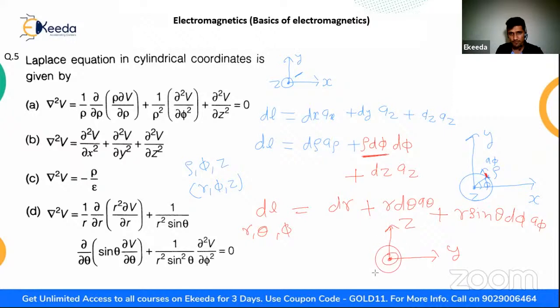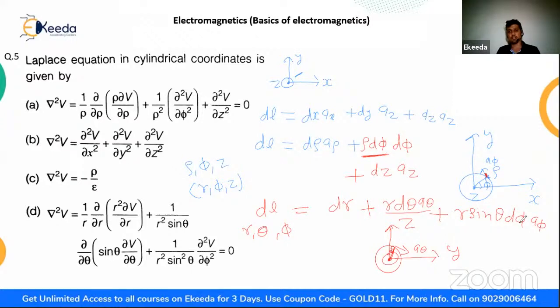So theta is defined like that, this is theta with respect to the z axis. The direction of theta will be the direction of a theta. In the direction of a theta, the elemental length is r d theta into a theta.